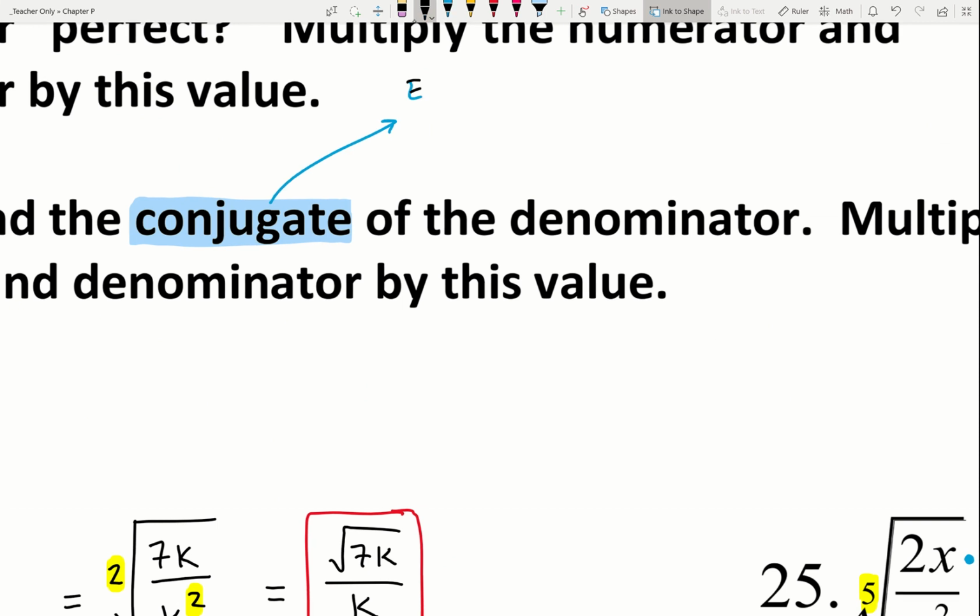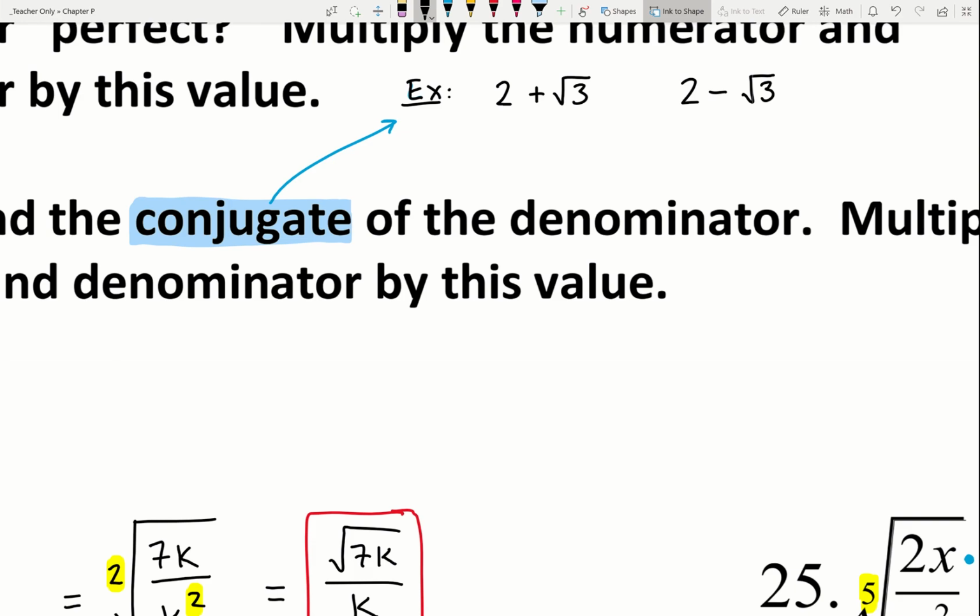So what a conjugate is here is basically an expression like, maybe I'll come up with a random example off the top of my head. What if I had like 2 plus the square root of 3, okay? If I want to find the conjugate of that, I'm going to write that same expression, but instead of the plus, I'm going to write the opposite of plus, or the inverse operation to addition, which is subtraction, okay?